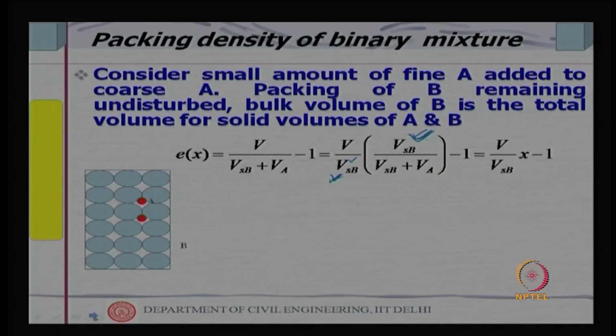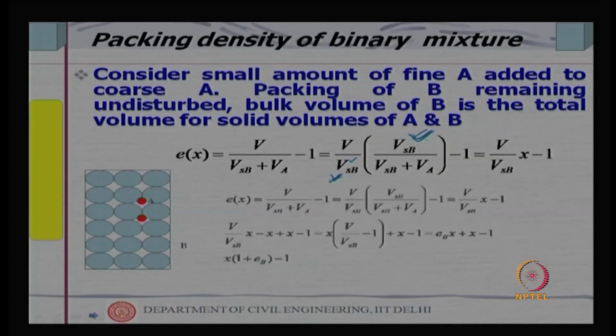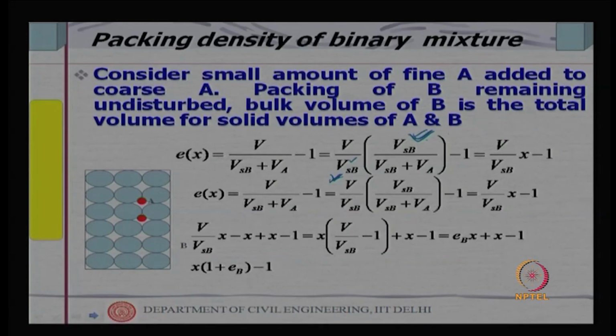So, Ex is equals to V by VSB x minus 1, and then what I do is I just add minus x and plus x. Just a little bit more algebraic manipulation, I add x, subtract x, and if I do, then this x gets common.